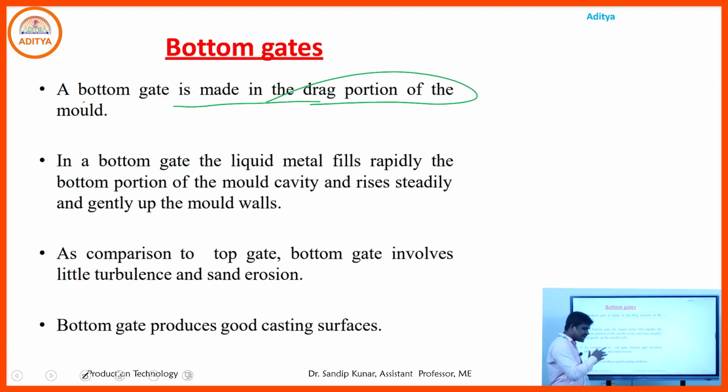Means the top gate controls the flow to the lower portion of the mold cavity, the bottom gate maintains the flow of the molten metal to the upper portion of the mold cavity, and the bottom gate produces good casting products also. Means it does not create any type of turbulence effect.